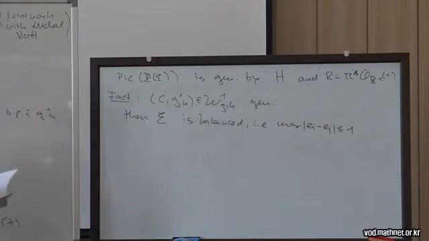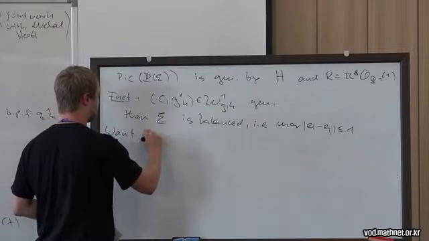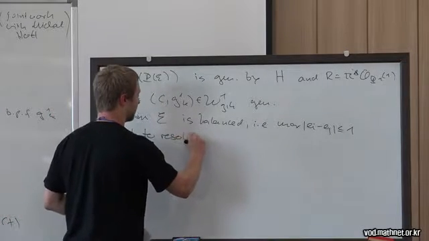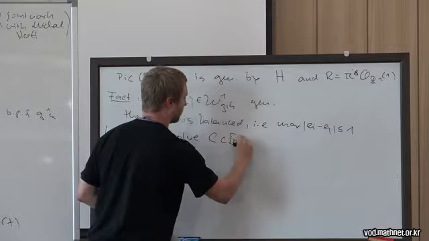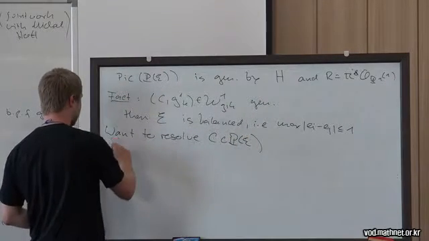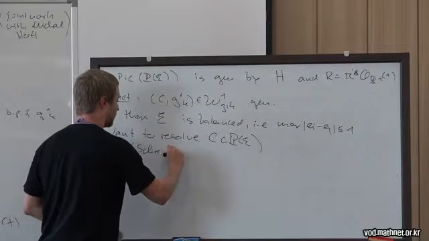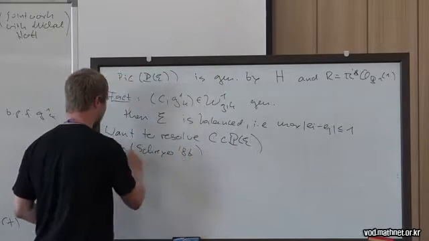Okay, what we want to do now is we want to resolve our canonical curve C on the scroll. This means in terms of O_{PE} modules. And we have the following theorem due to Schreyer from '86.